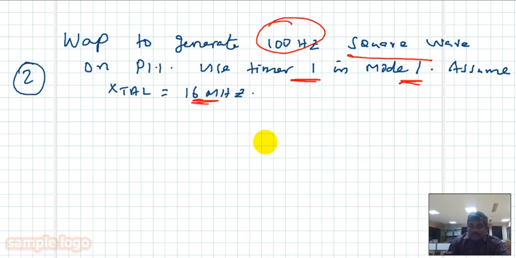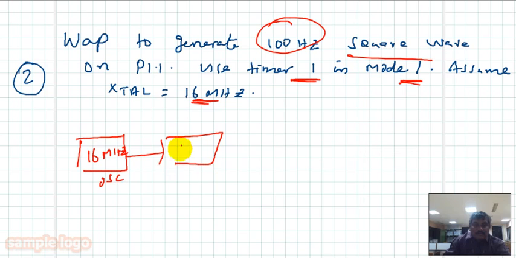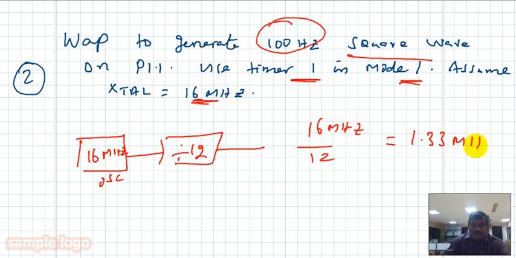I'll tell you the outline, then you just go through the program. You go through the outline and again you write your own program. Here the thing to remember is the oscillator frequency is 16 megahertz. Whatever the oscillator frequency may be, it will be divided by 12, so 16 megahertz by 12 will be 1.33 megahertz. This is the frequency.